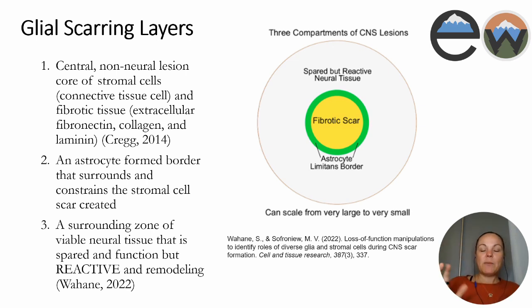But then the surrounding zone of what we call the viable neural tissue, or what's salvaged neurological tissue, is spared. However, with the function, it is reactive and remodeling constantly because nobody's taking care of the astrocytes.